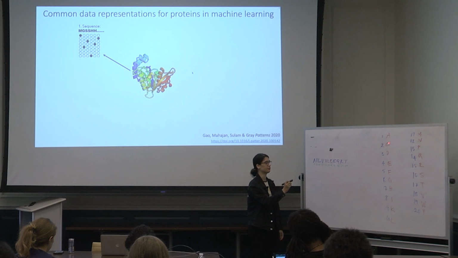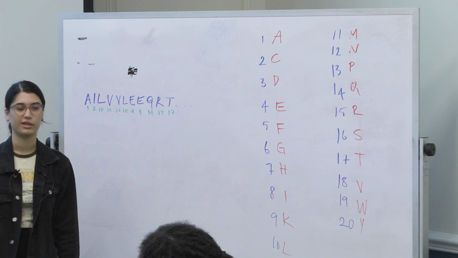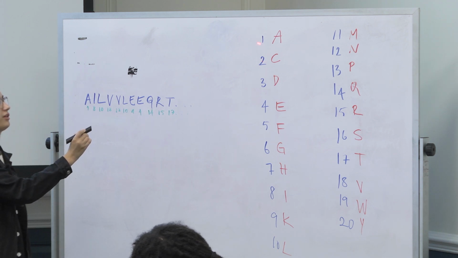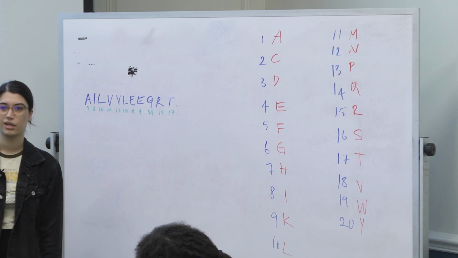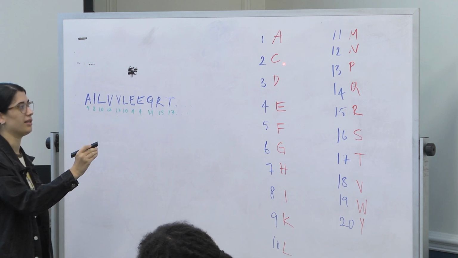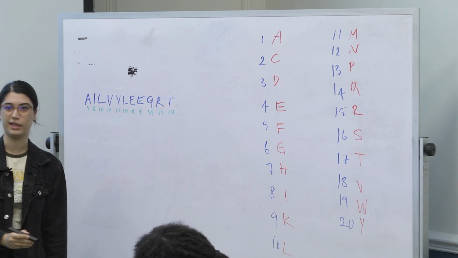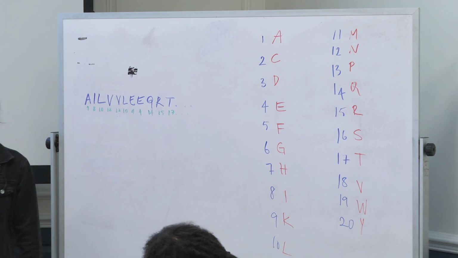A is 1, C is 2. 1 and 2 are real numbers, and 1 and 2 are closer to each other than 1 and 20 are. Is there a reason A is made to be closer to C than A would be to Y?